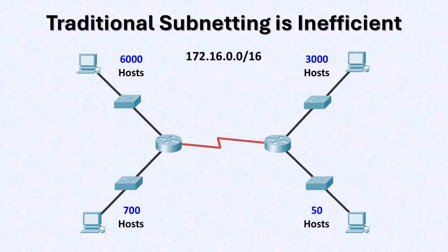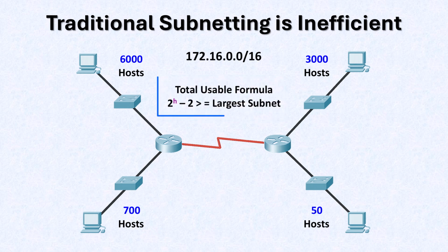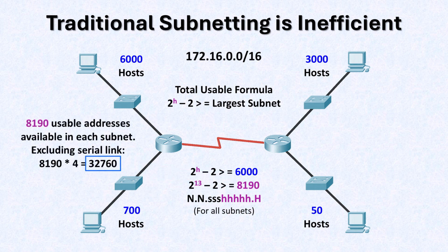To illustrate the difference in efficiency, let's use this topology to set up a traditional subnetting scheme based on the number of hosts. We use the total usable formula and set it equal to the largest subnet. This will give us over 8,100 addresses per subnet, or more than 32,000 usable addresses between the four subnets.